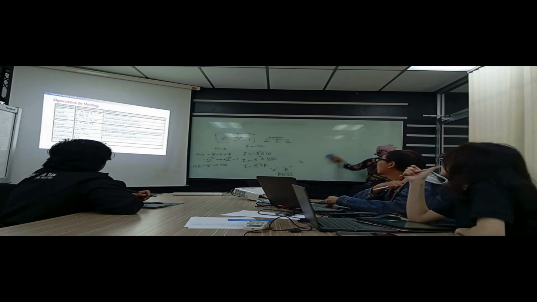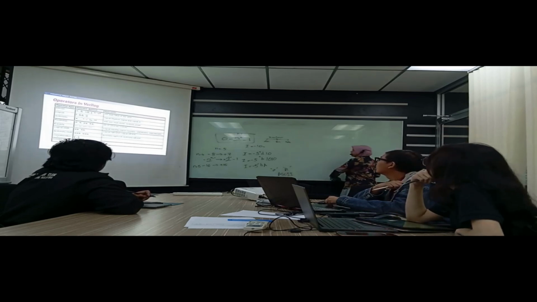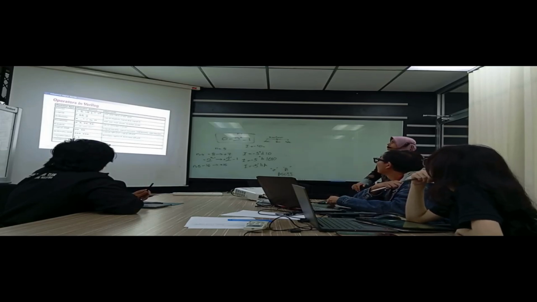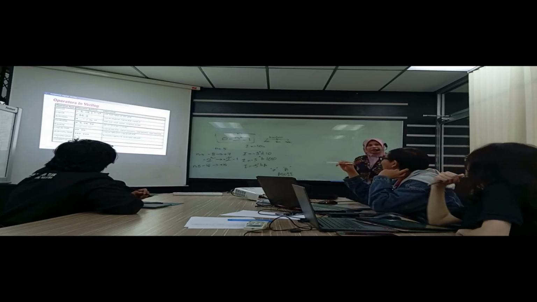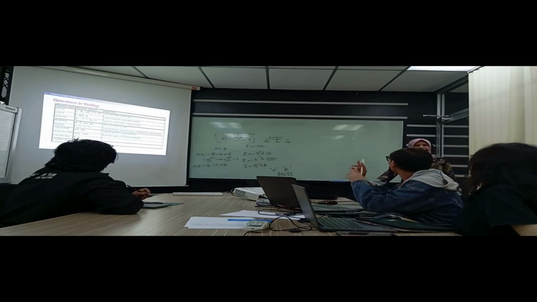Logical, you get 1 bit output, which is a true or false bit. Bitwise, for example, if the input is 2 bit and then we use this, the output will become 2 bit.